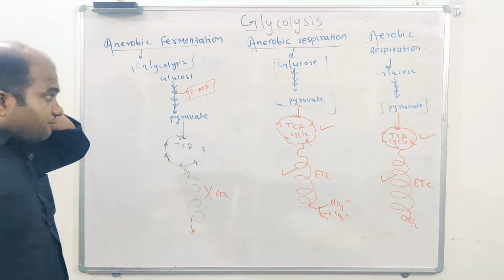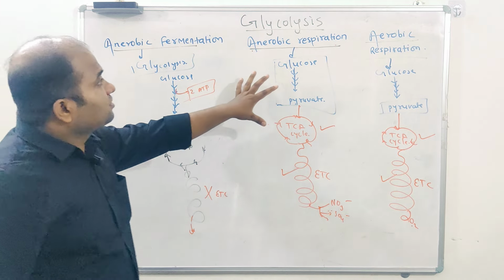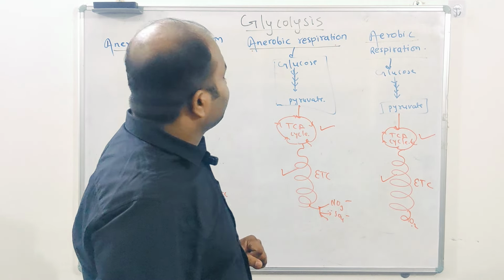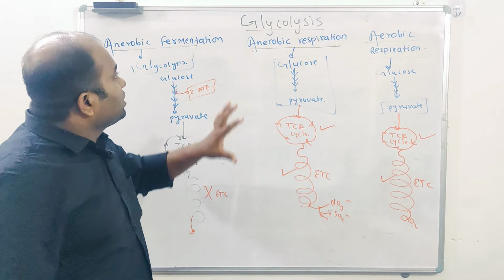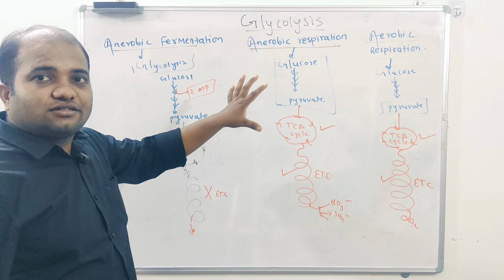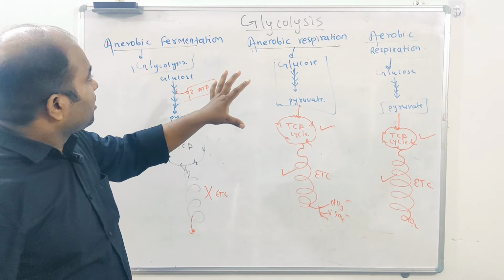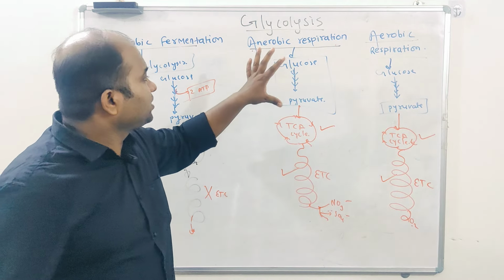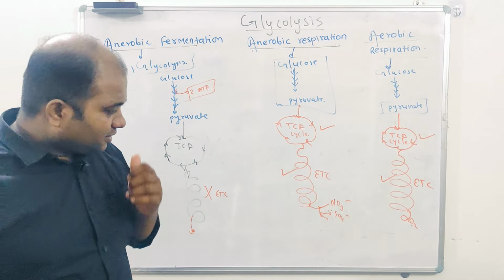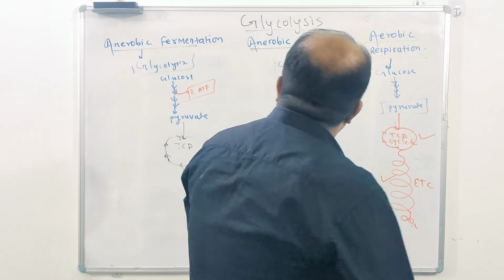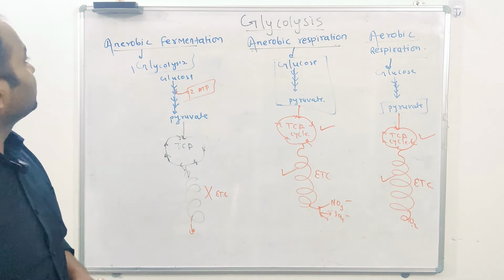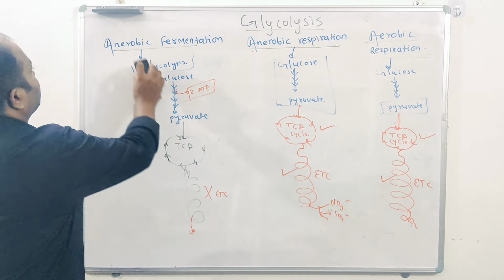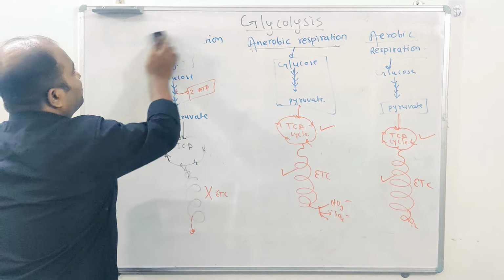So now, once you know glycolysis is the primitive metabolic pathway, we are going to see what glycolysis is, how this pathway occurs, and what the different steps involved in glycolysis are, right? So I will erase this and go with the glycolysis pathway separately.